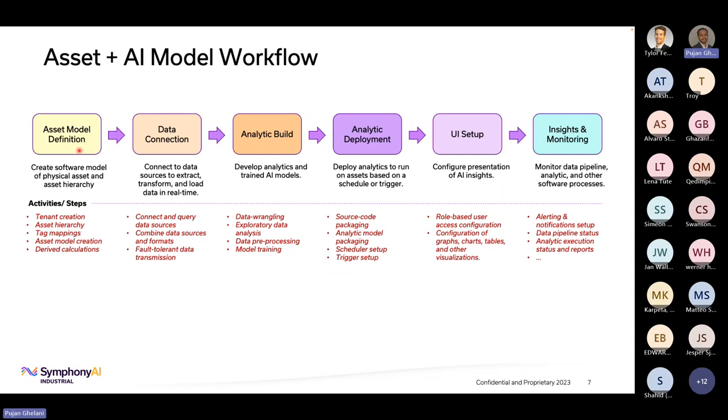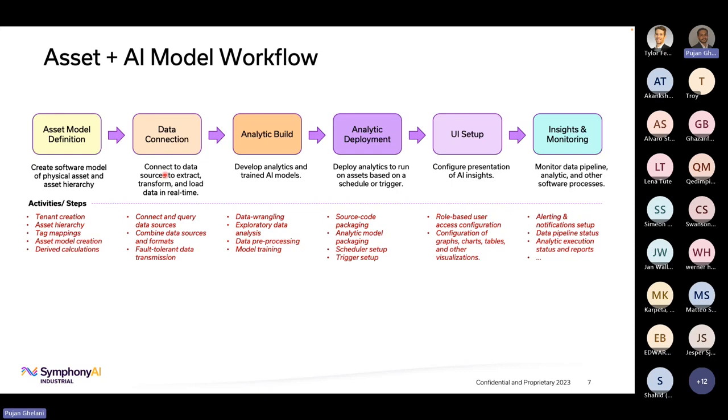Once you've built a digital representation of your asset, what you would then want to do is start to connect to the data sources, wherein the instrumentation data for that equipment is being stored and saved. This, of course, is to provide better context to the asset model that you've built.